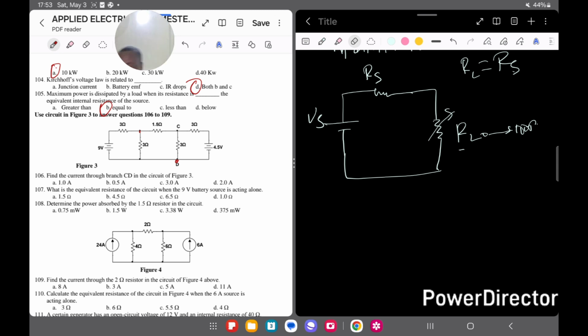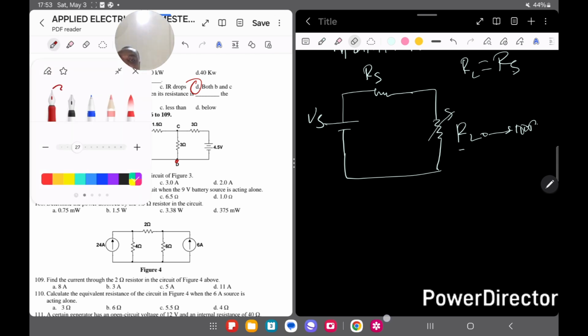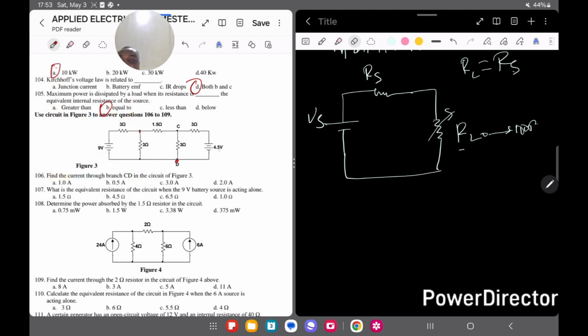I'm not going to sketch most of the diagrams here. It means we have to turn off the 4.5 volts. So let me erase it, and here we connect a wire. That's how you turn it off.